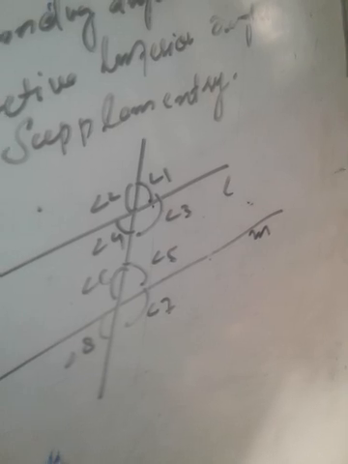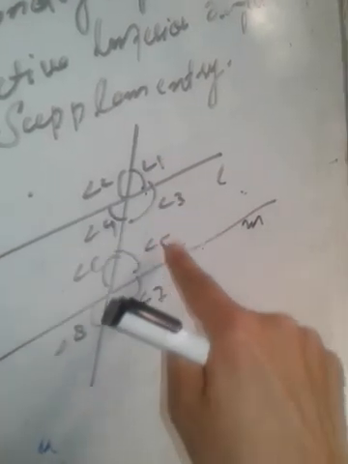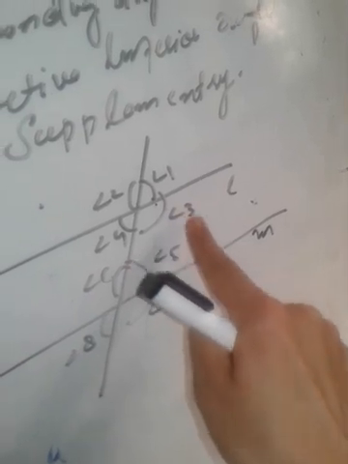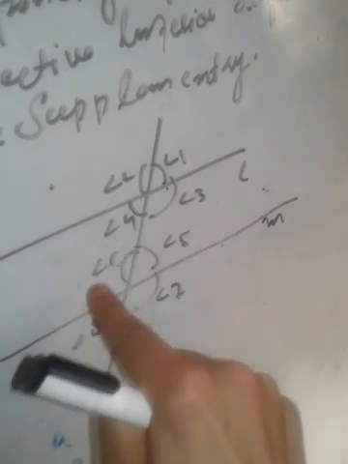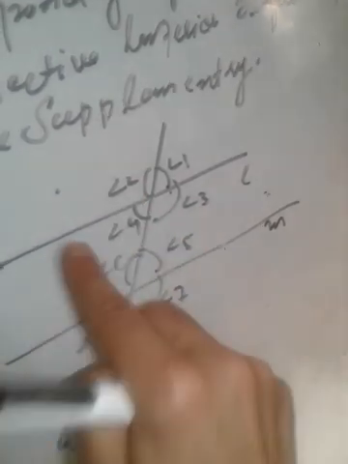Second is corresponding angles. We will repeat it again. Which angles are said to be corresponding angles? This angle and this angle: angle 1 and angle 5, angle 3 and angle 7, angle 4 and angle 8, angle 2 and angle 6.